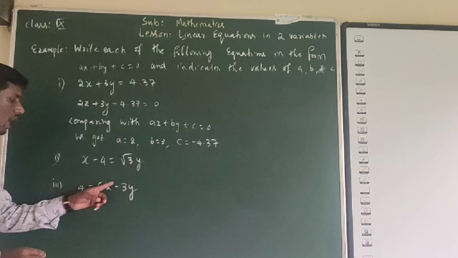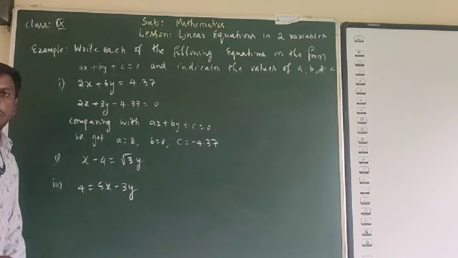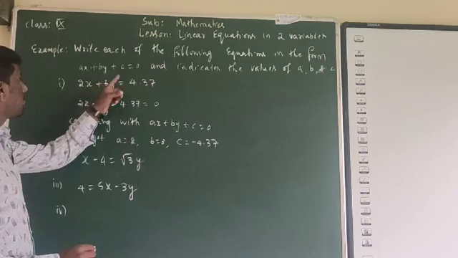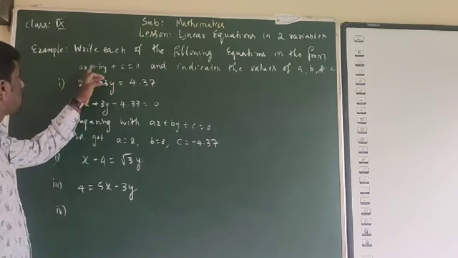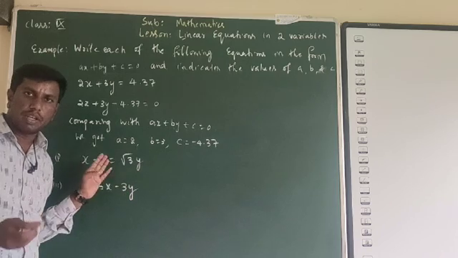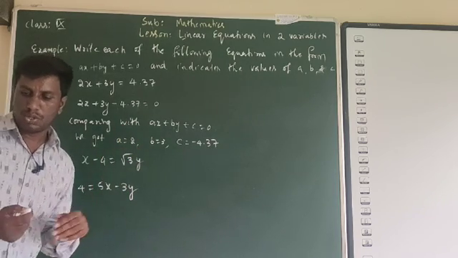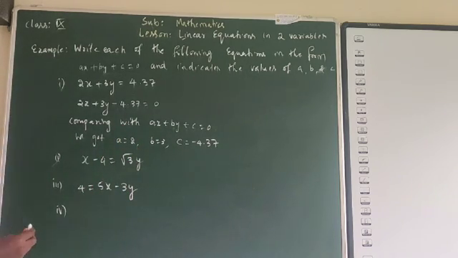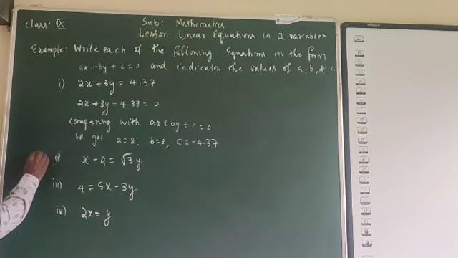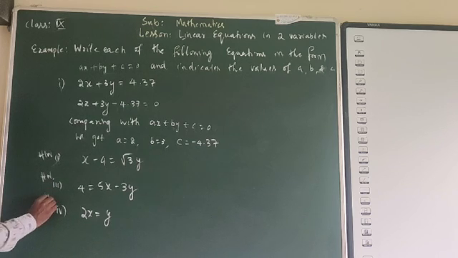Whenever there is a minus, you should be very careful to write the sign also. Okay? Because in the general form we are adding, plus everywhere. So whenever there is a minus in the given equation, you should take that minus also, right? So the fourth equation is 2x is equal to y. So this is the homework for you. You have to complete these homeworks.